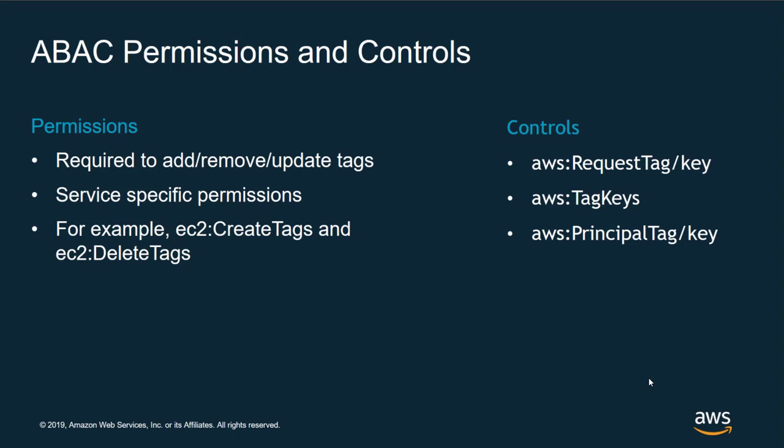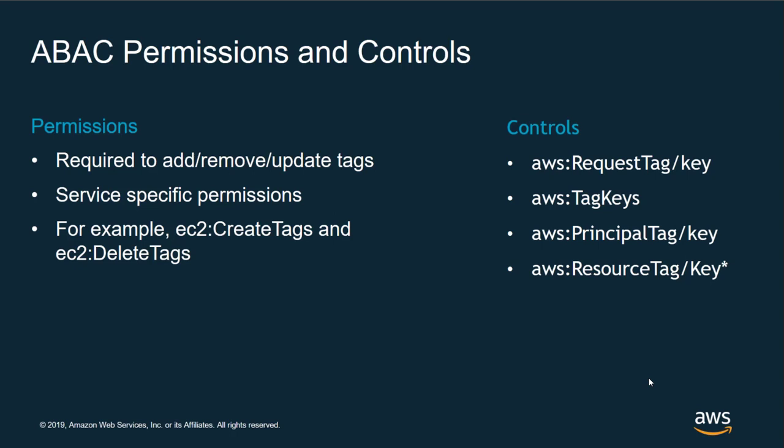So it's a very, very powerful key, specifically used for things like tag matching when you're writing an ABAC policy. You want to make sure that your principal tag matches the tag on the resource. Only then you get access to the resource to perform whatever actions you want.